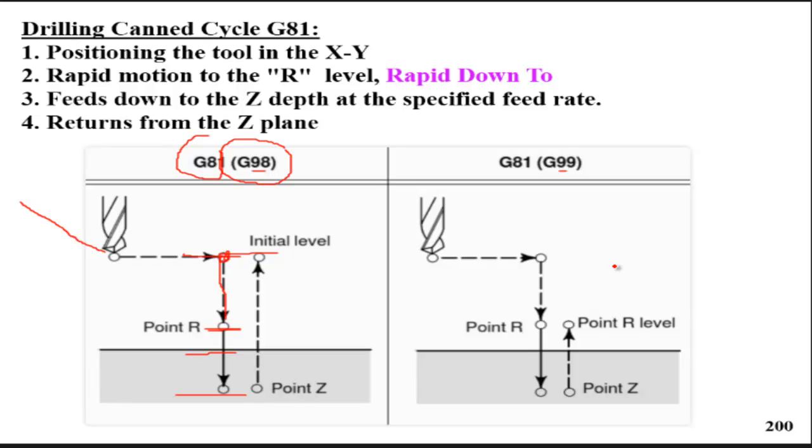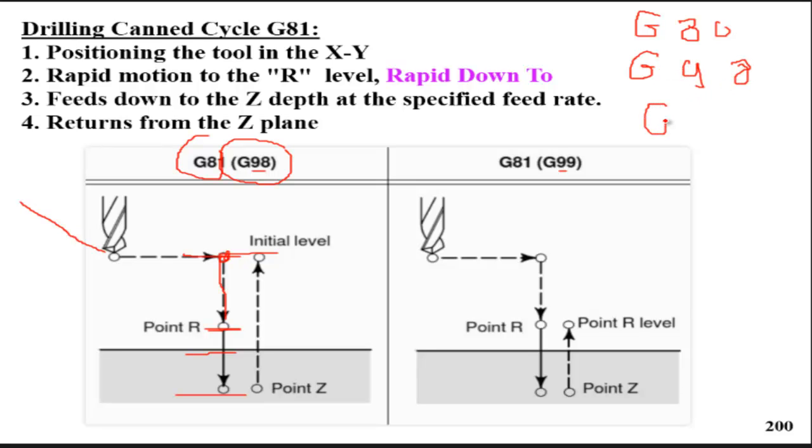This is the first canned cycle. We already used G80. Up till now, just to review whatever we already used: G80 is for cancelling the canned cycle. As an additional code, we use G98 or G99.